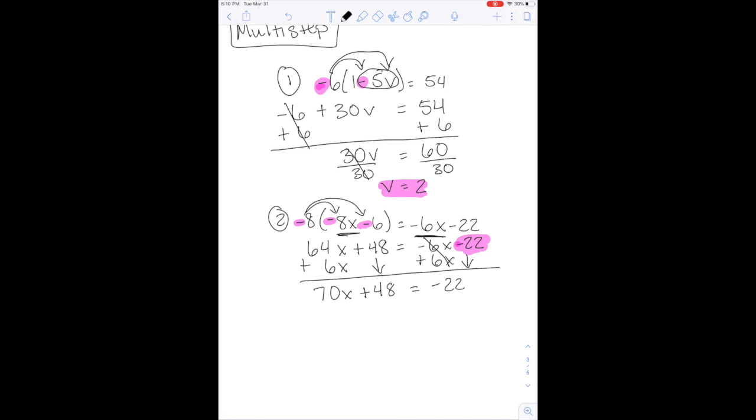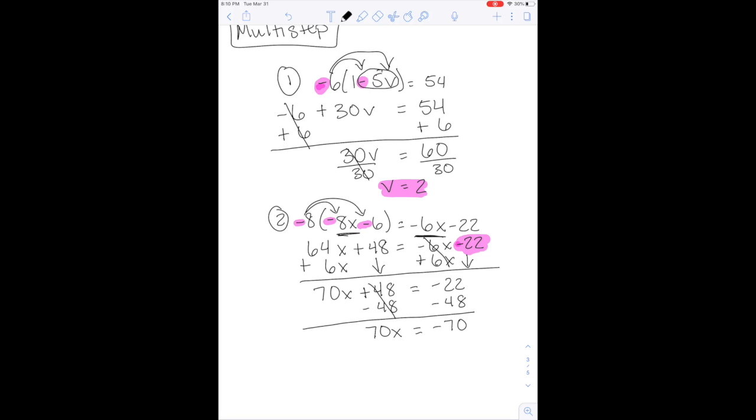Now I want to get 48 with its friend. And since I'm adding it, in order to move it over with the negative 22, I have to subtract it. A negative minus makes a bigger negative. So we're going to have negative 70 equals 70x because our 48's canceled out.